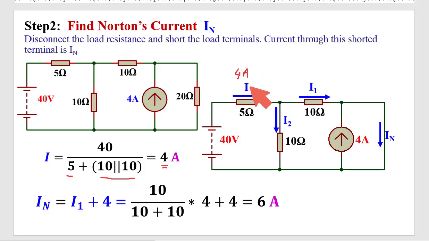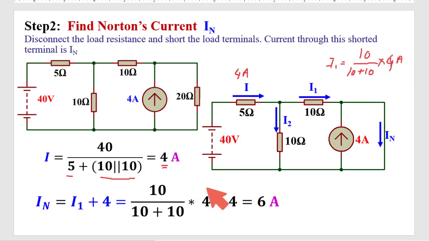Now this main current is divided into two paths. I need only this path. What will be this path? This path is equal to current I1. This I1 will be the opposite path resistance, that is 10, divided by the summation of these two path resistances, 10 plus 10, multiplied by the main current, which is 4 ampere.